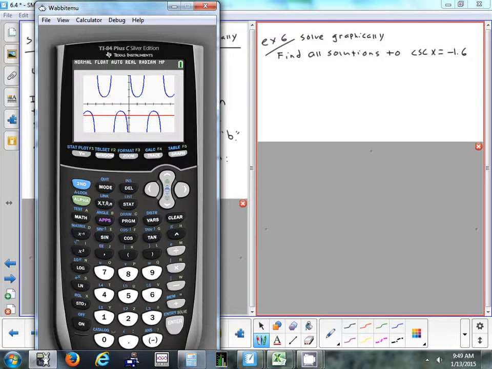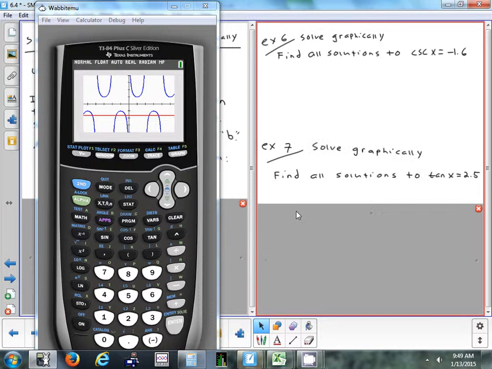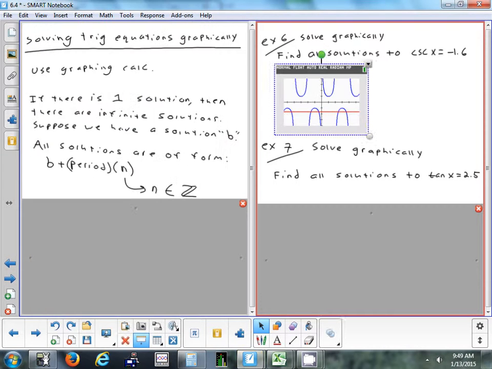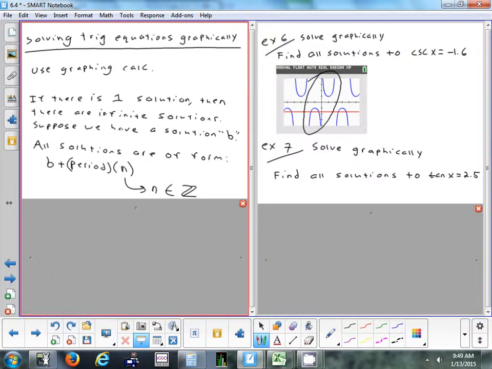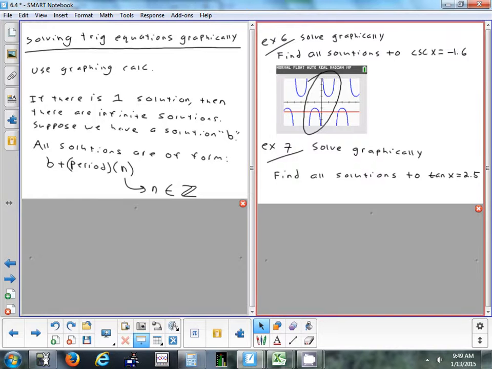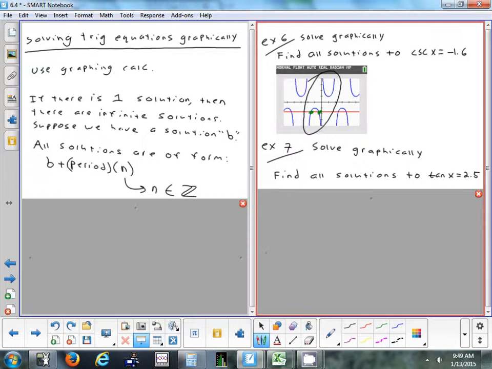Okay? So this, what I just circled, that would be considered a period. If you look beyond what I circled, you're just repeating answers that I can get in the circled part. Okay, so what we want to do is find that and find that. Okay, and write those two answers down.